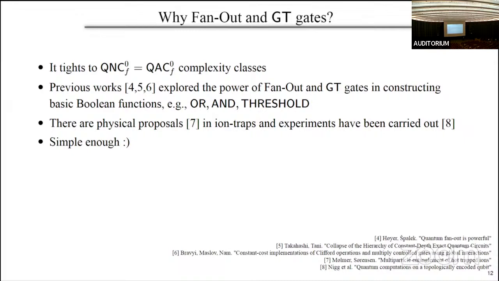There are physical proposals for this kind of gates in ion traps, and there have been experiments implementing these gates in real life. So they're not out of this world. It's another question whether they're going to be good in practice when it comes to quantum computing, but they can be realizable. And to be honest, they're simple enough. They're the simplest multiple-qubit gates I can think of. Just copying and CZ gates.